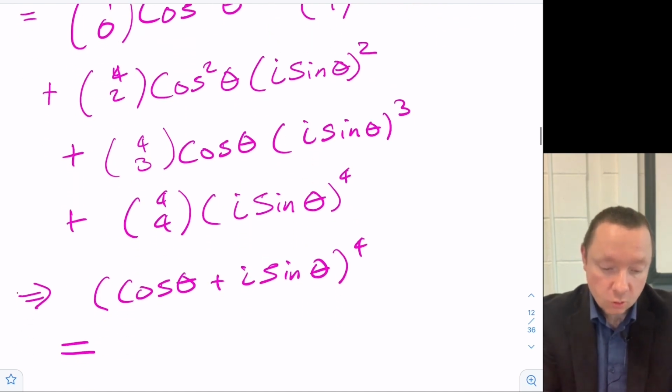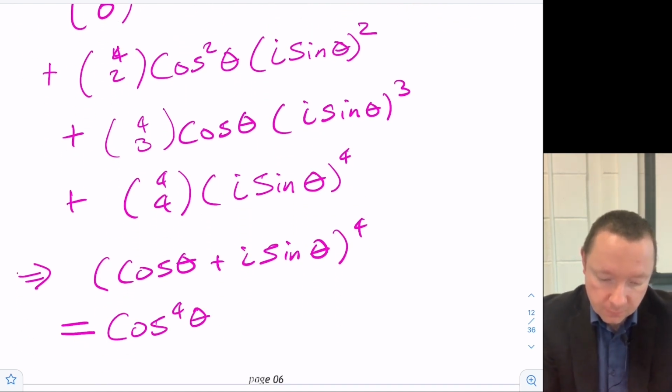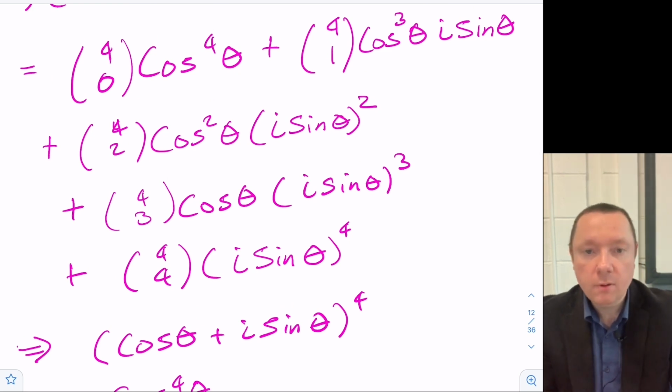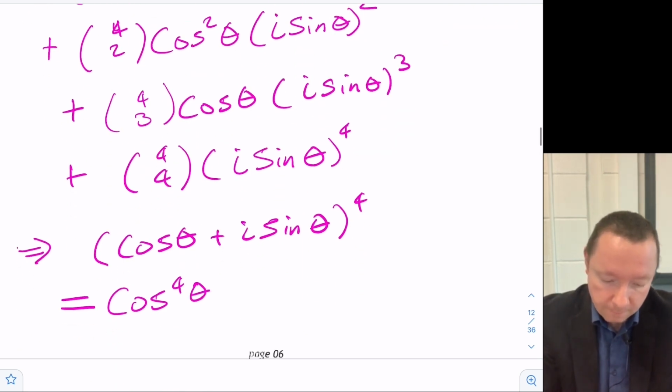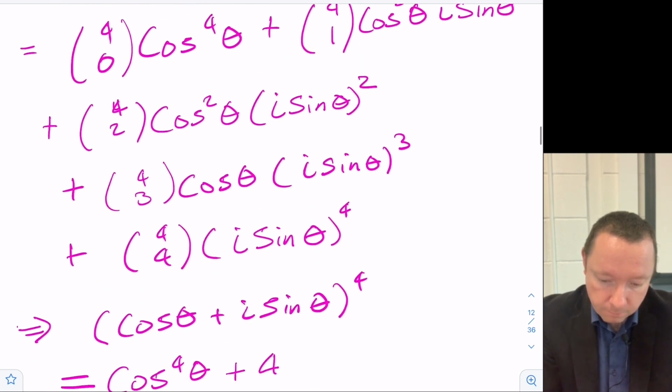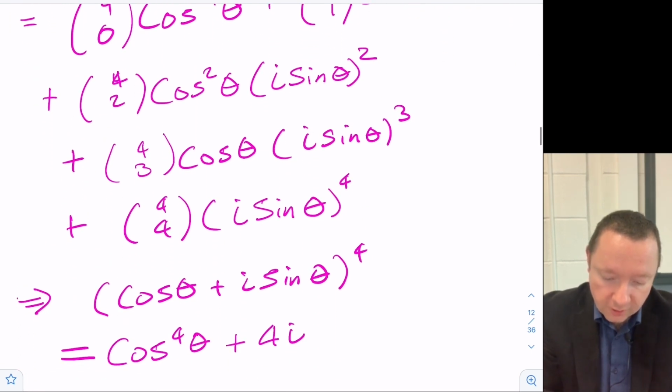So 4 choose 0 is 1, so we've got cos to the power of 4 theta. 4 choose 1, well, that's 4 factorial over 1 factorial, 3 factorial if you were taking your time, which is just 4. So you've got 4i cos cubed theta sin theta.